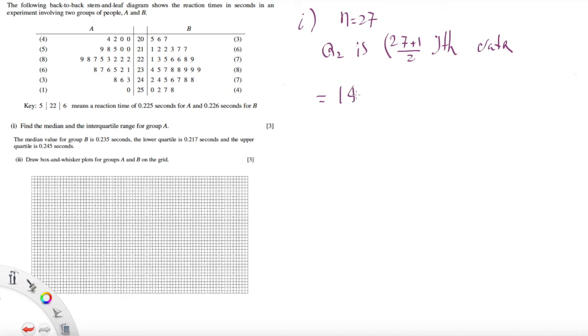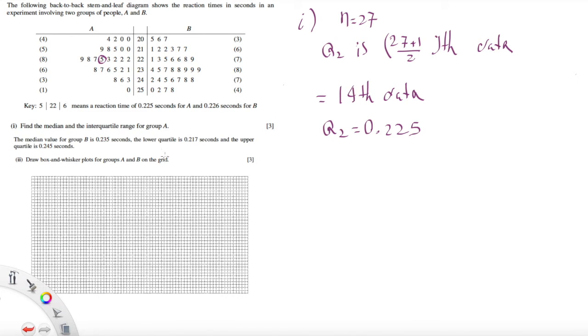It will be the 14th data that is the median. So Q2 will be equal to, now 14, so 4 plus 5, 9, and you have here 9, so it will be 10, 11, 12, 13, and 14, which will be read 0.225. It is the median, 0.225.